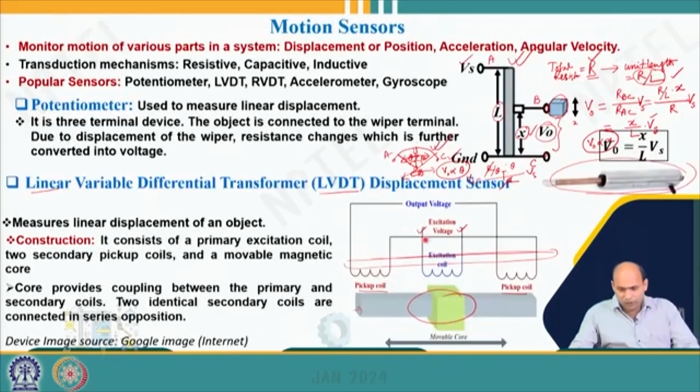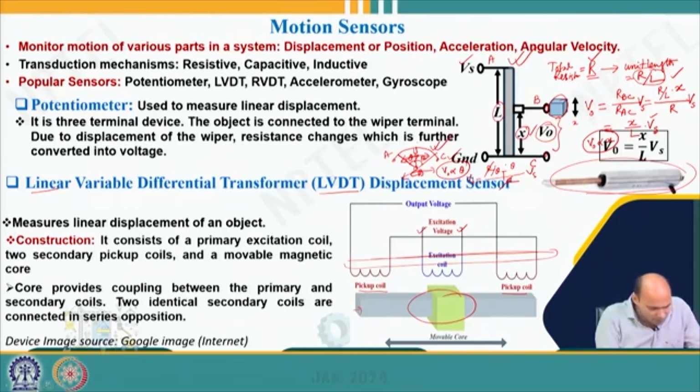So obviously one thing we can understand is that in case of the potentiometer, as we said, the wiper or the mid terminal is connected to my object, and when the object is moving, then this wiper terminal is also moving, and accordingly my output voltage is changing. In this case, I will connect my movable object to this core.